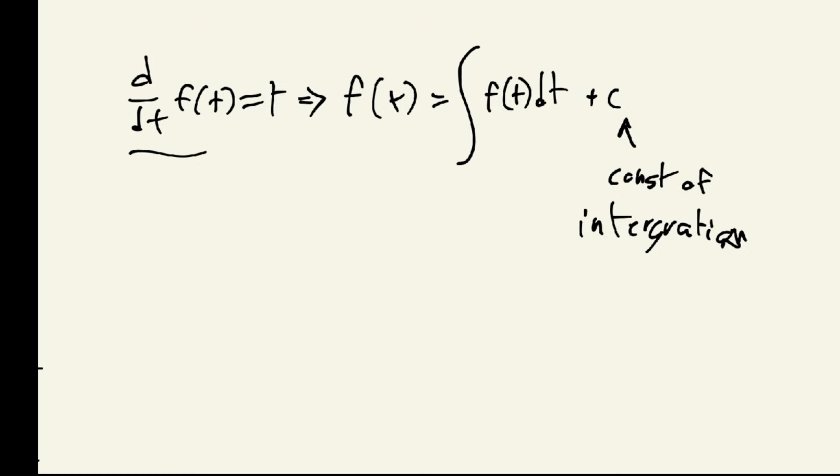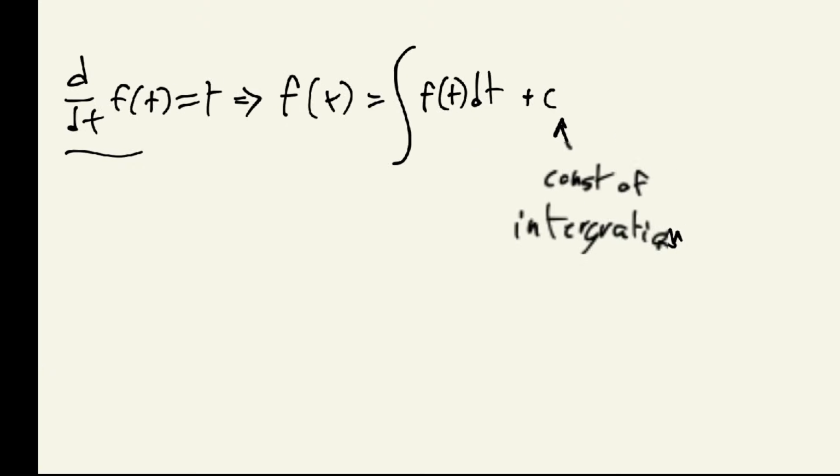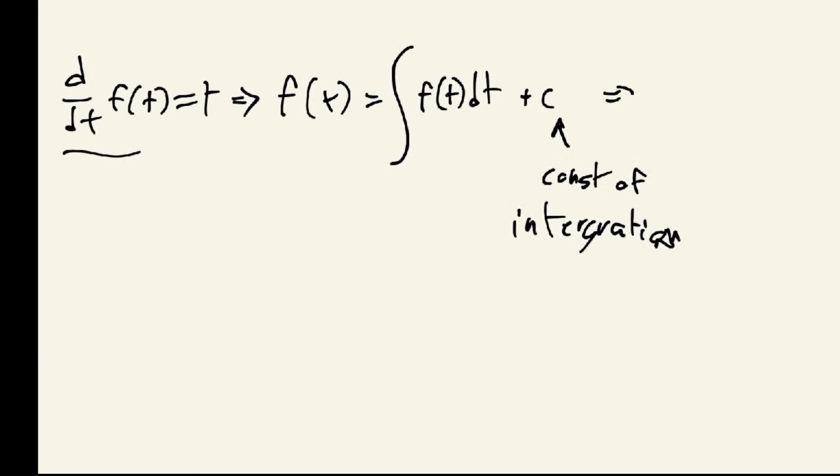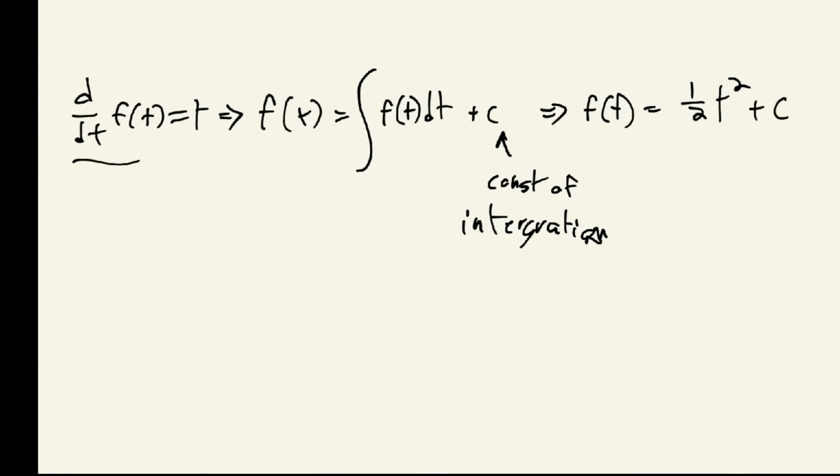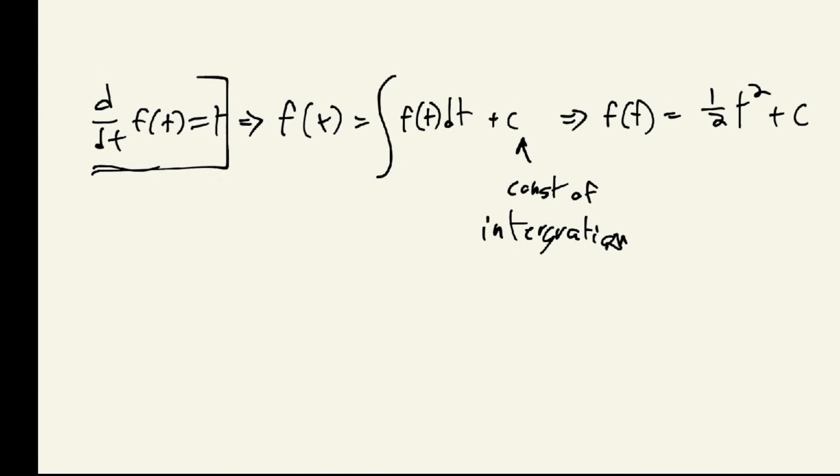So to move forward from here, we could say that f of t equals 1 over 2 t squared plus some constant. Now why is this the case? Well, we know that the derivative of f of t equals t.